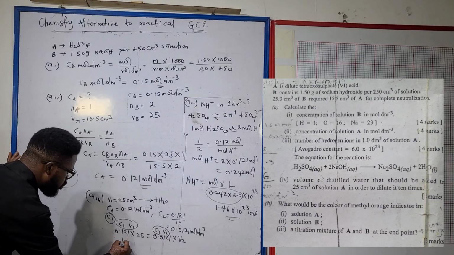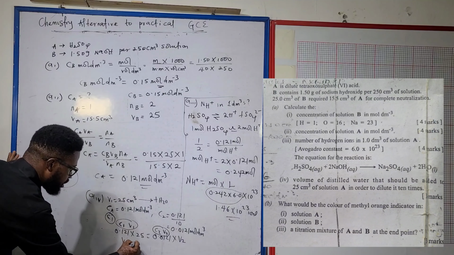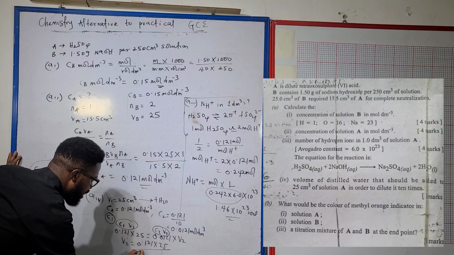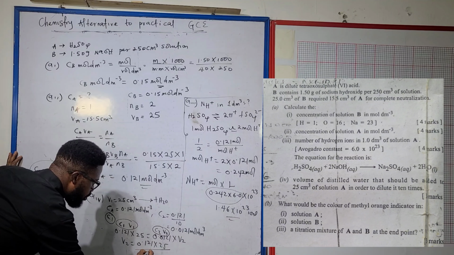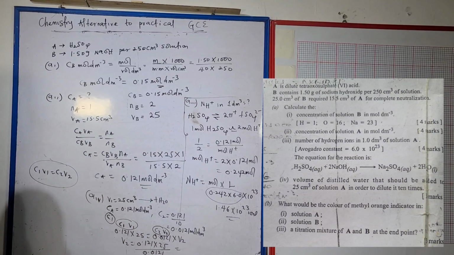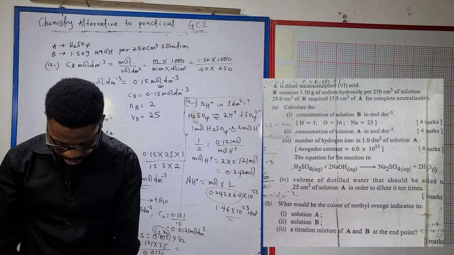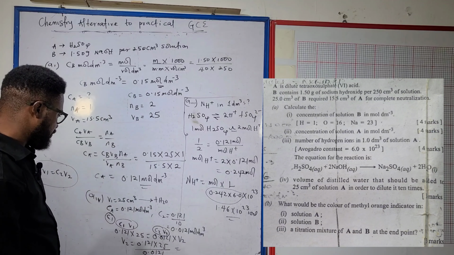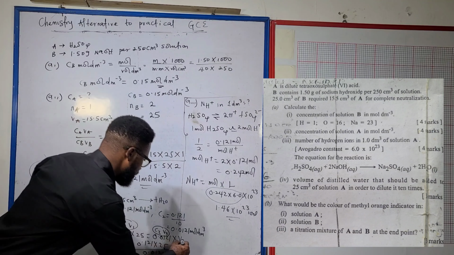So my V2 is going to be 0.121 times 25 divided by 0.0121. My answer here gives me 250.